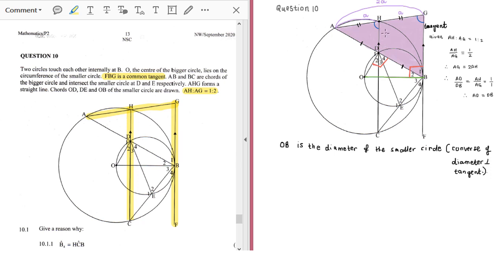The midpoint theorem states that that line is parallel to the third side of the triangle, and also that HD is going to be half the length of that third side, so half the length of GB. So this over here is the midpoint theorem.